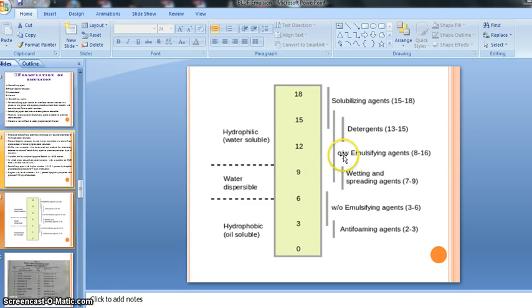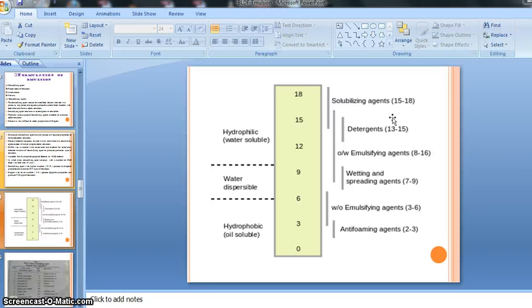Then afterward, some portion of the OW kind of emulsifying agents, detergents and solubilizing agents possess hydrophilic properties, meaning water soluble property. They dissolve in water, absorb water, or attract water, right?